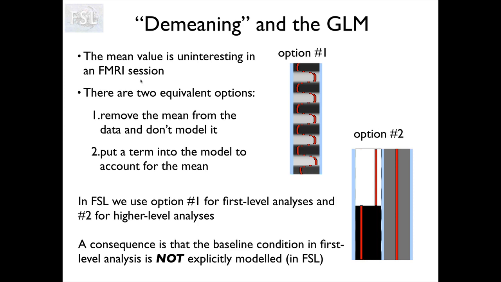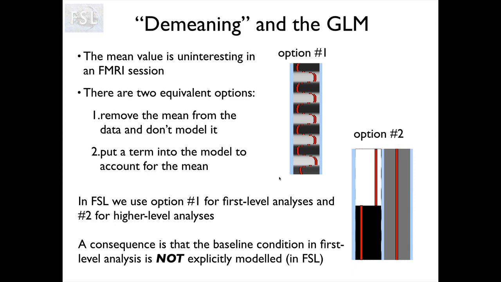So the mean value for an fMRI time series is completely uninteresting. What we are interested in is the variance in that time series, and in particular the variance in that time series that is caused or introduced by our particular experiment. So the mean value is of no interest. So there are two things you can do. You can simply calculate the mean of each time series and just subtract that away from the time series, and then you don't need to model it, and that's what FSL does. Or you can put a term into the model to account for the mean, and that's what SPM does.